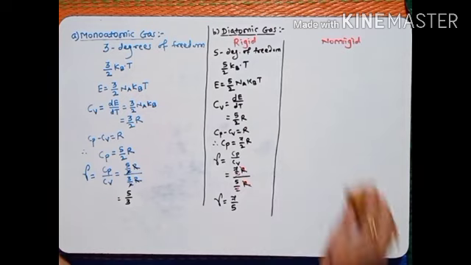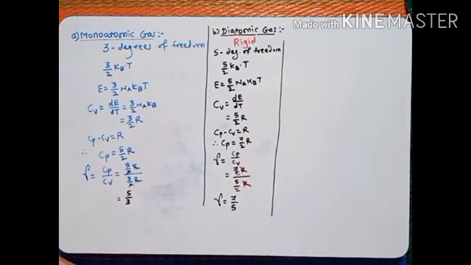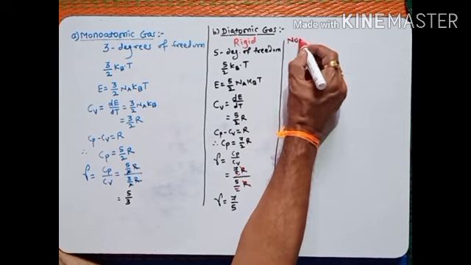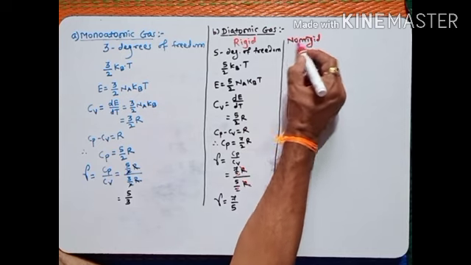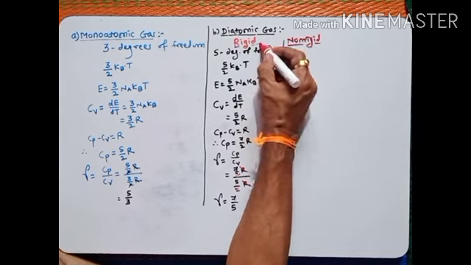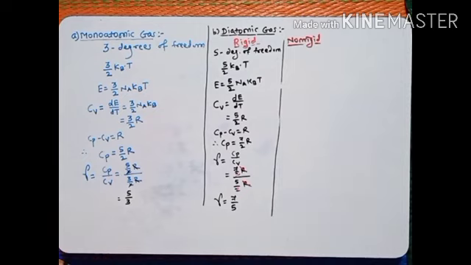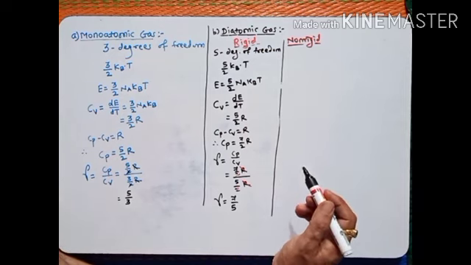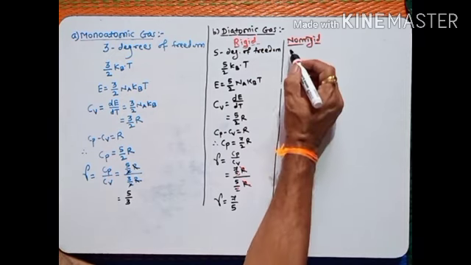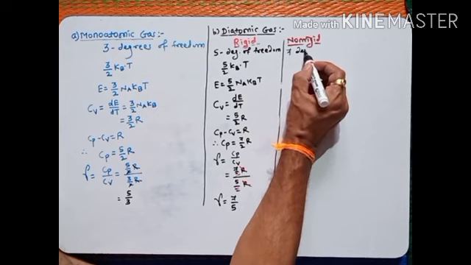Now we consider non-rigid diatomic molecule. Here you see for non-rigid diatomic molecule there are 7 degrees of freedom.